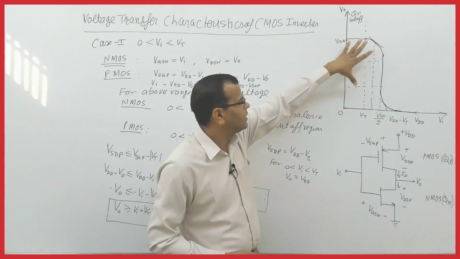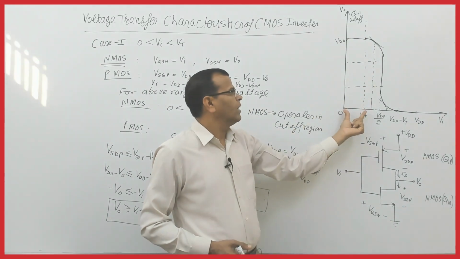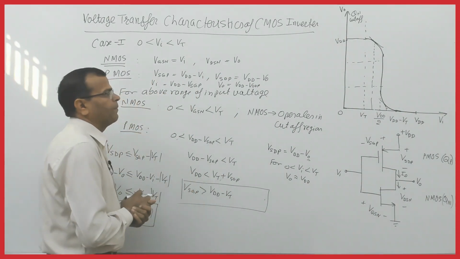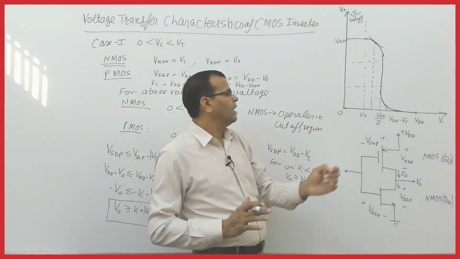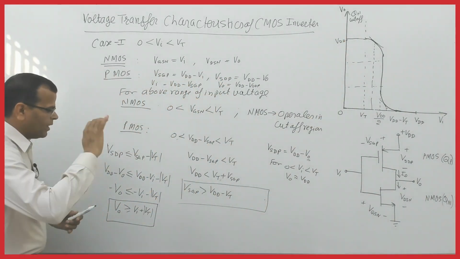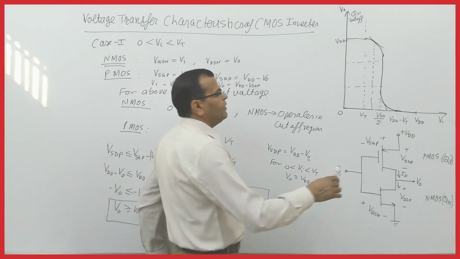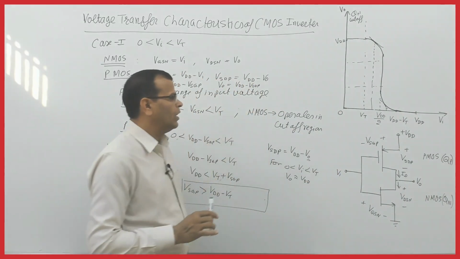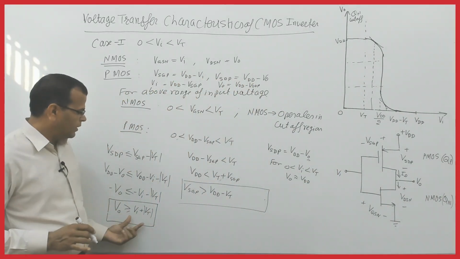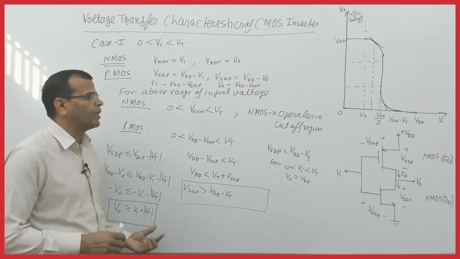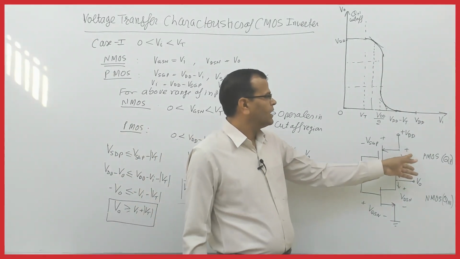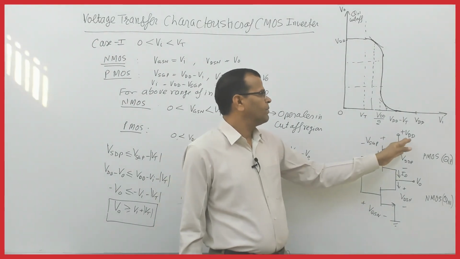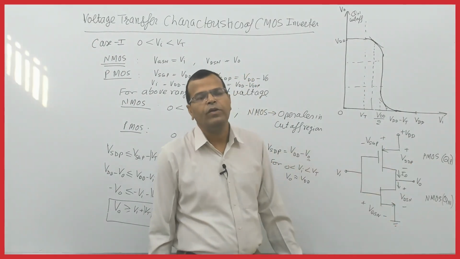More than twice the threshold voltage means for this range of input voltage, your output voltage must be high, on the upper side. Now, I repeat the point again. VSDP is VDD minus V naught, and V naught here is more than twice the threshold voltage. So that means VSDP will be smaller, because you are subtracting twice the threshold voltage from VDD.